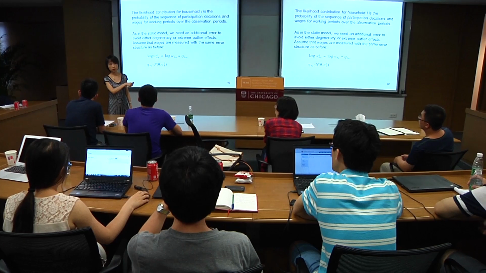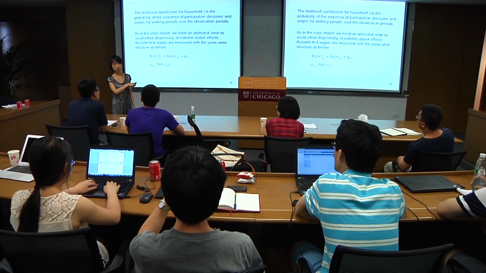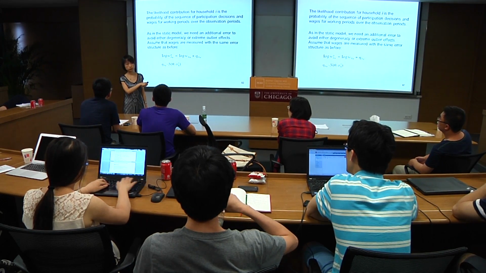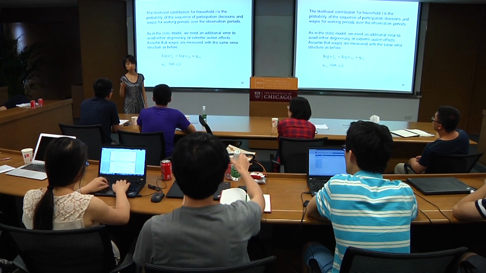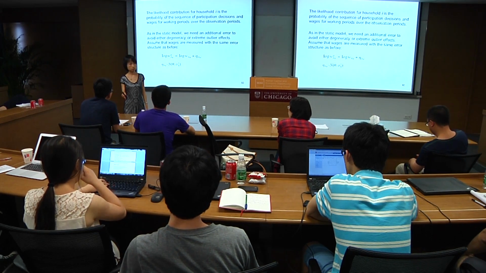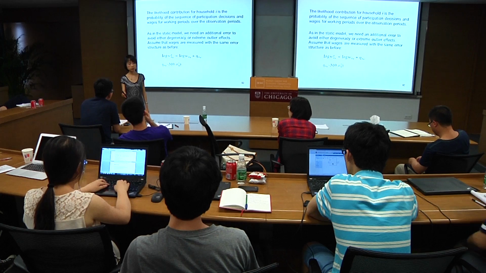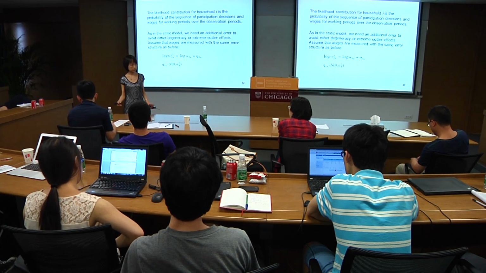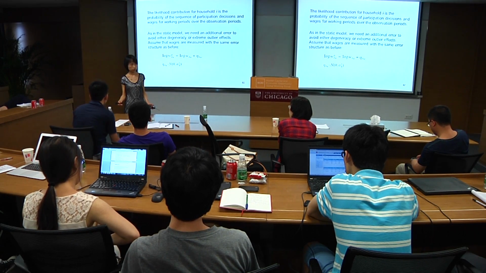But it's not under this framework, because there's no heterogeneity that we don't observe. Households, conditional on their observables, are the same. There's no unobserved household permanent taste that we don't know.